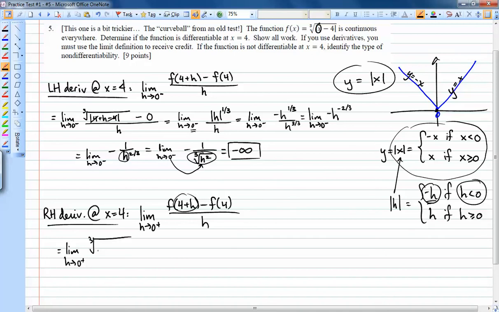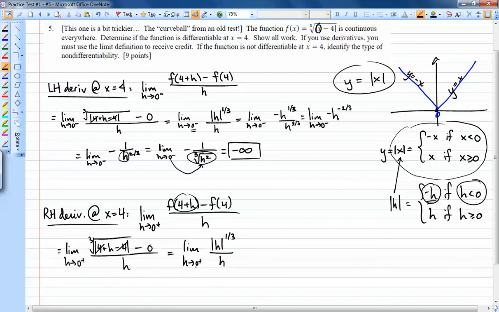So that becomes the cubic root of 4 plus h minus 4 all over h, or just that. And then minus f of 4, which again is 0, all over h. So these cancel again. I'm left with, and they're inside absolute values, limit as h goes to 0 from the right, absolute value of h to the 1/3 all over h.